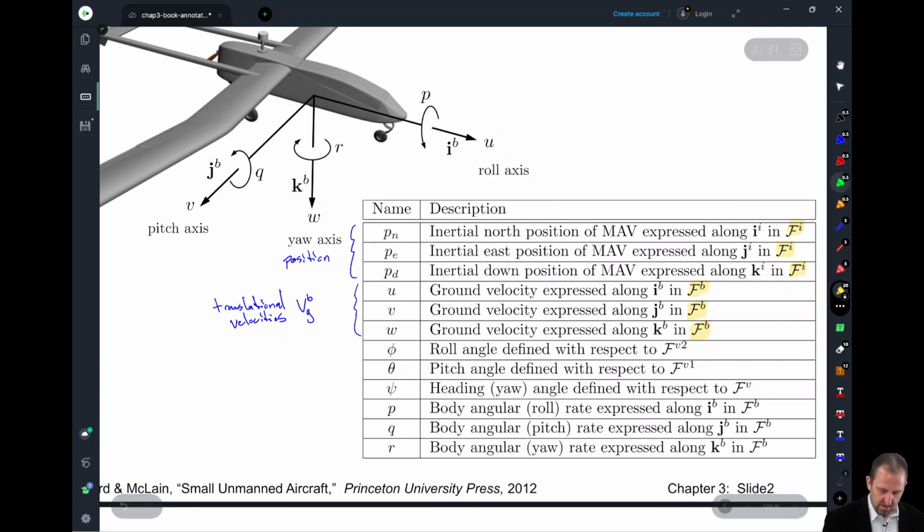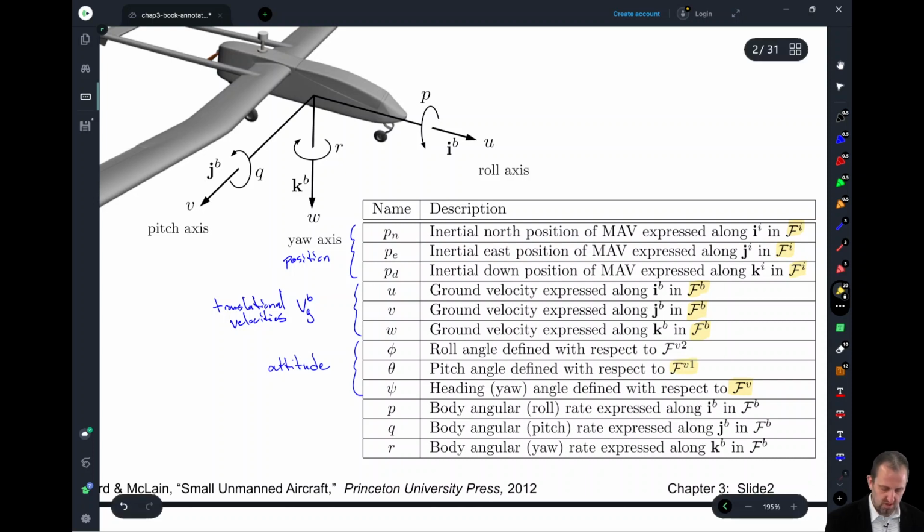Okay, our next three variables are our attitude. Now the positions and velocities we defined in just one frame or another. Our attitude, if you recall from when we looked at each of the different coordinate frames, we defined in a series of three different coordinate frames. Our heading angle, our yaw angle, is defined in F^v, so our vehicle frame.